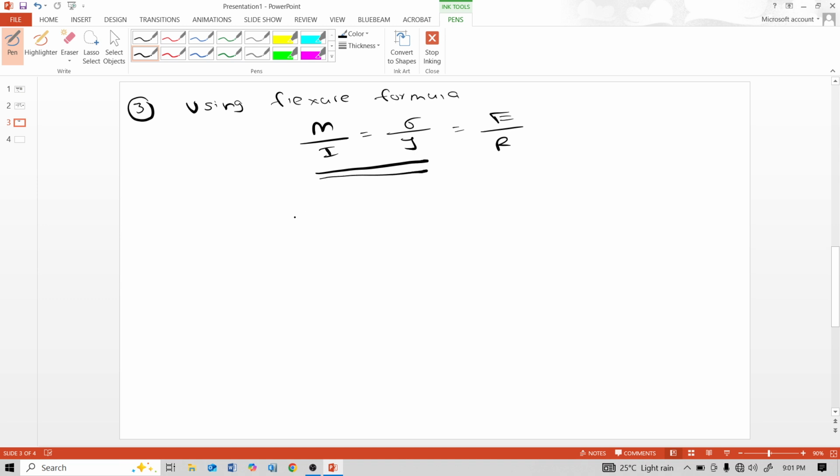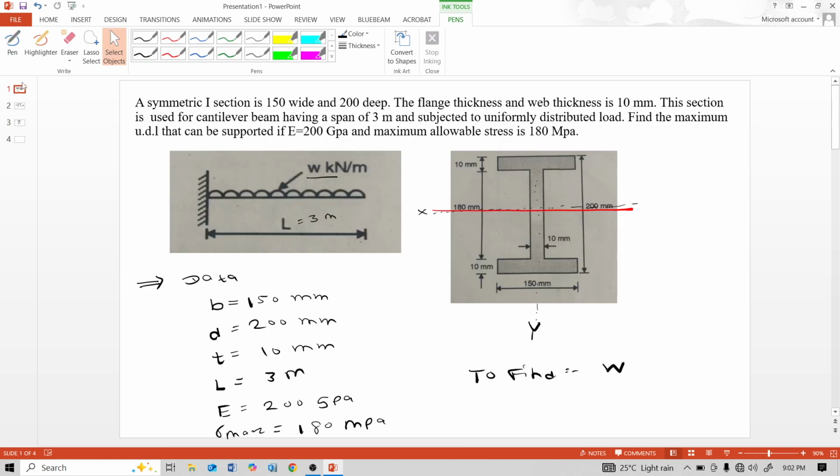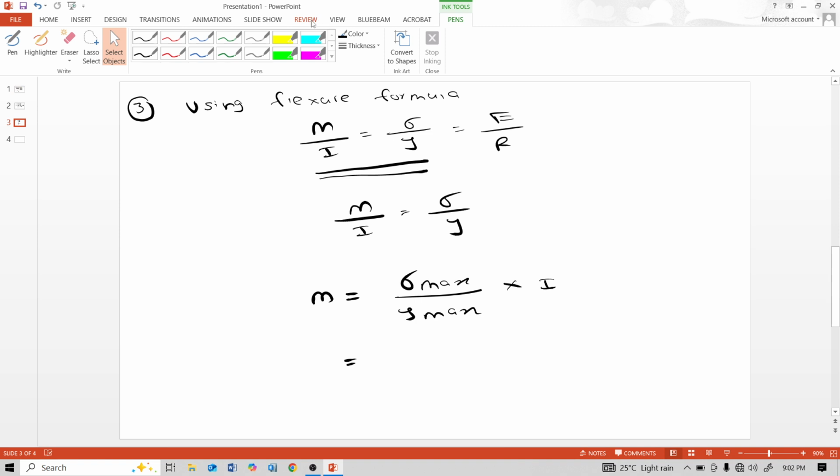M by I is equal to sigma by y. With the help of this equation, we calculate this moment of resistance M, sigma max upon y max multiplied by I. Sigma max is 180 MPa. MPa means 1 MPa is equal to 1 Newton per mm square. That means this is 180 Newton per mm square.